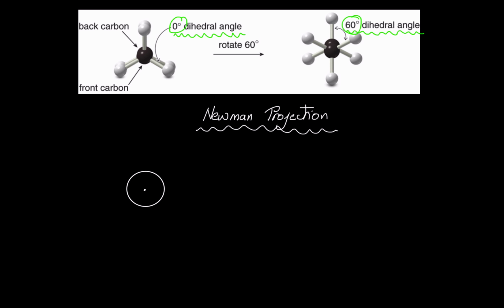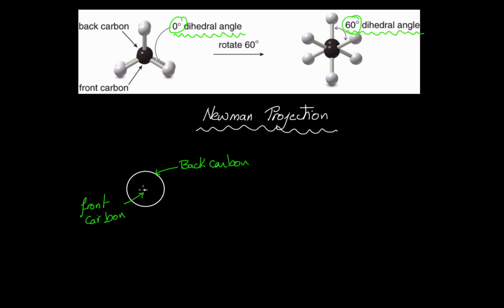So now the circle represents the back carbon and the dot represents the front carbon. Now for the bonds, we can simply draw them as follows.